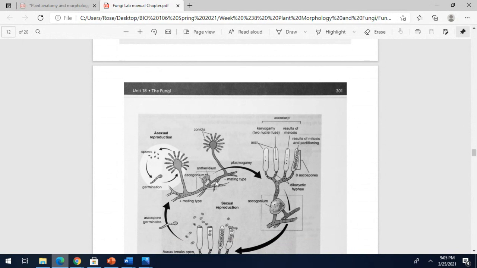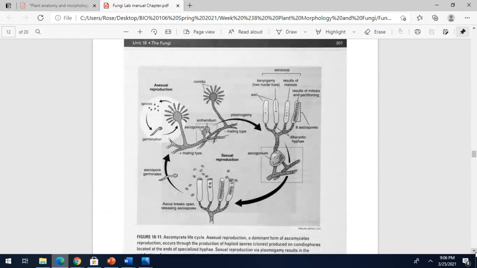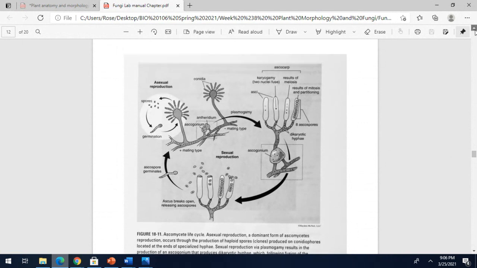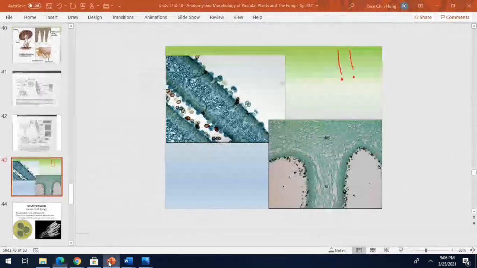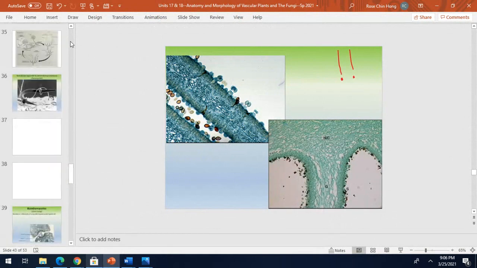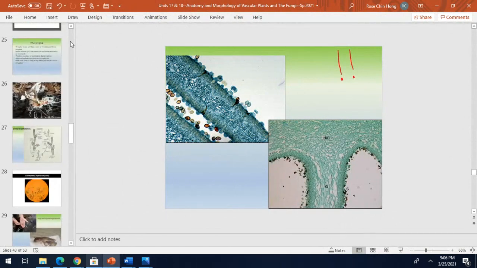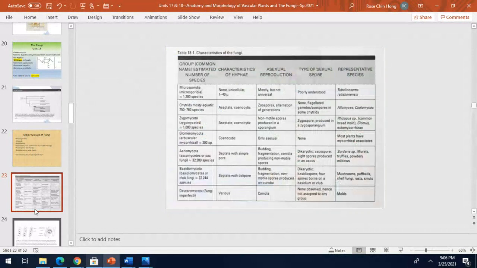All right, so this here is asexual reproduction. This is for Ascomycota and also for Basidiomycota. But this one is showing this whole thing is for the Ascomycota. All right, so here, asexual reproduction, if you see this is a conidia. Basidiomycota and Ascomycota have these reproductive structures. Let's see which other one has conidia here.